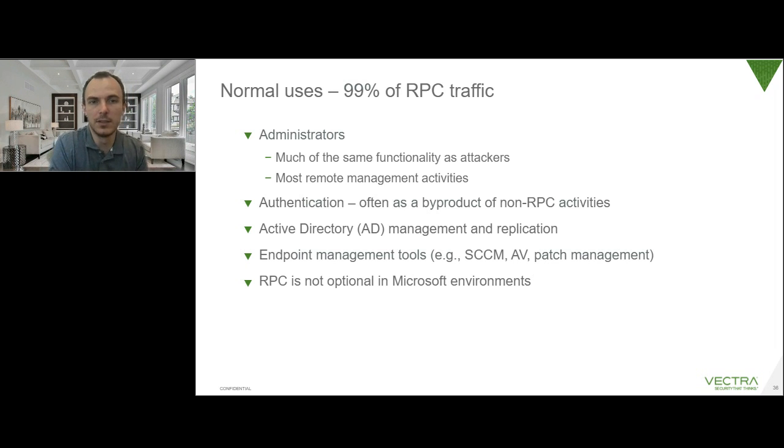And this is not optional in Windows environments, Microsoft environments. So if you're looking at the metadata, if you're looking at the traffic, you're going to see a lot of this, and where detection comes in is helping to find the things that are actually suspicious out of all that traffic, and we'll talk about that in a little bit.